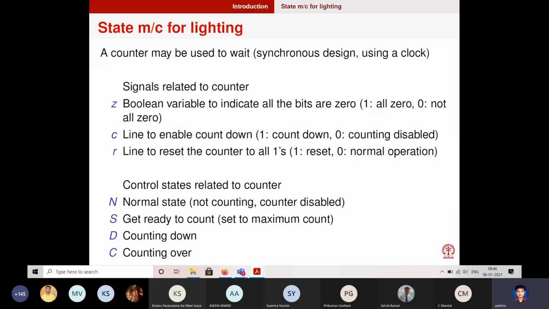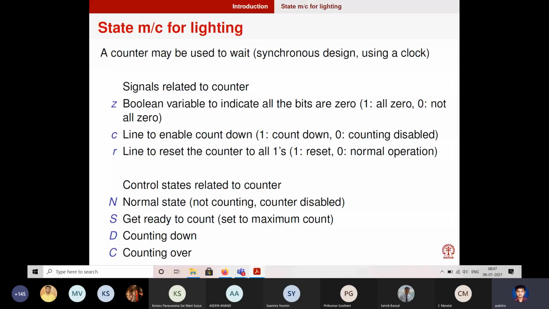So let's say what are the states that a counter can be in. You have a normal state, N, which is not counting. It's sitting idle. You have a start state, or a get ready to count state, S, where the counter is set to maximum. Okay, it's all 1, all bits 1.